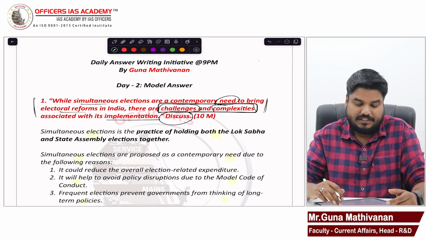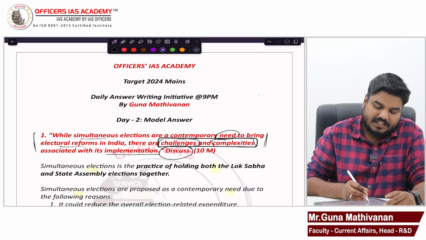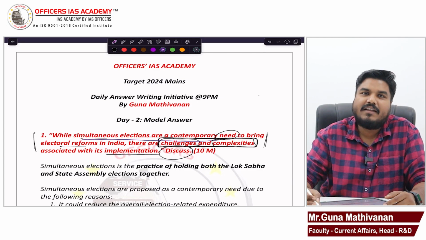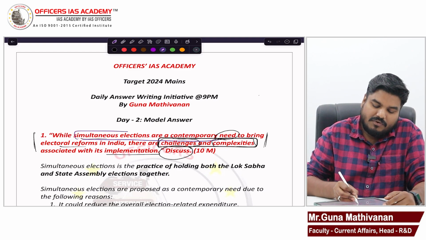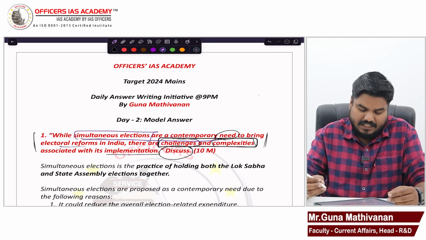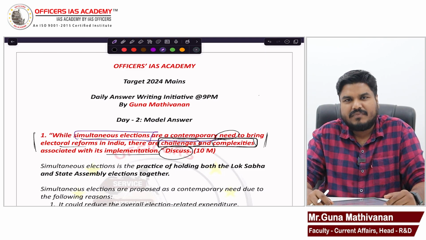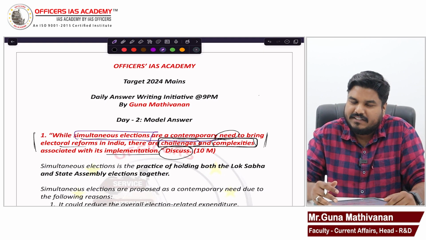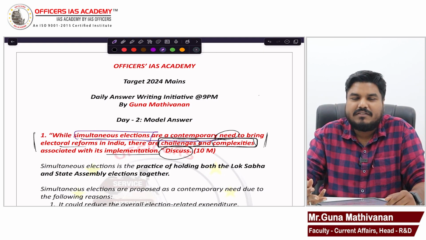So how to start? The introduction, they have given the clue for the introduction. Simultaneous elections are the contemporary need, right? So you can explain about simultaneous elections first. You can very simply say simultaneous election is the practice of holding Lok Sabha elections and state legislature elections parallelly together.